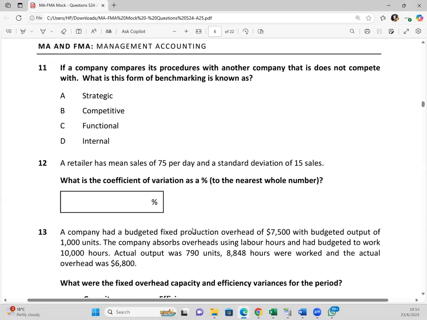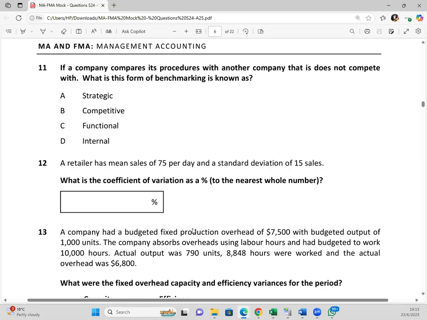A retailer has mean sales of 75 per day and a standard deviation of 51. So the standard deviation, you're looking at the measure of spread. How far is the data from the mean?